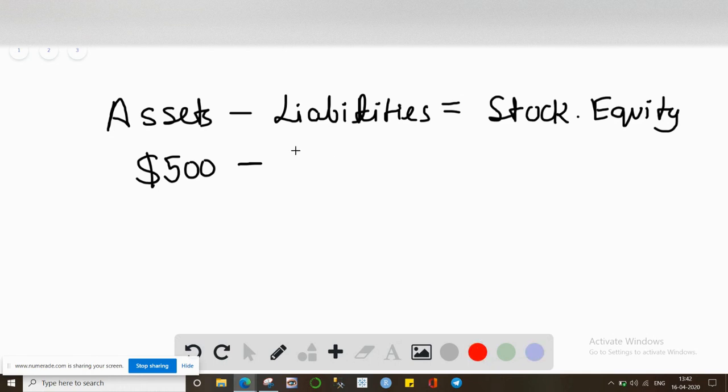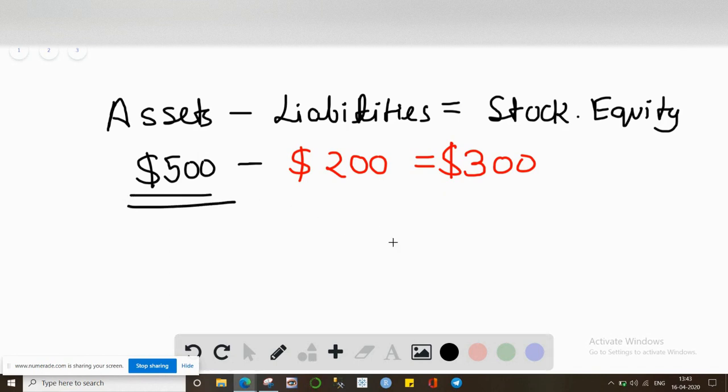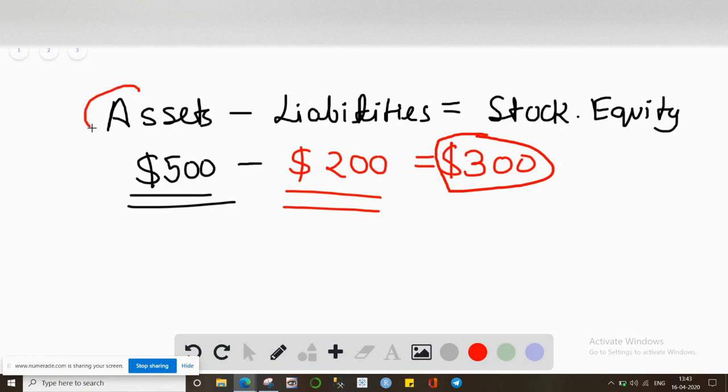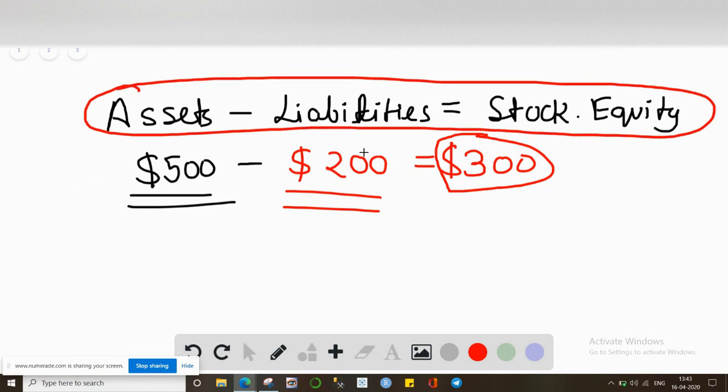And what is the amount of liabilities? 200. Now what is the stockholder equity? 300. So we have understood the meaning of this part. Now we will understand the meaning of stockholder equity, and after that we will come to the conclusion of how many types of combinations we can produce with this equation, so that we will be able to answer our question.